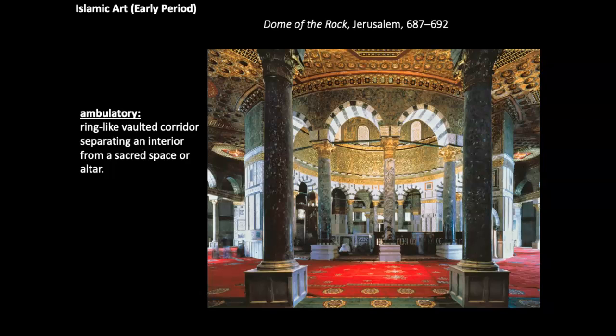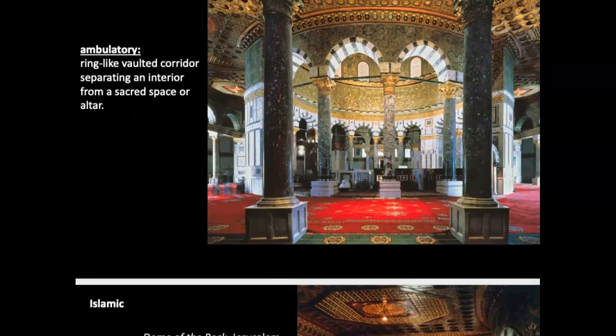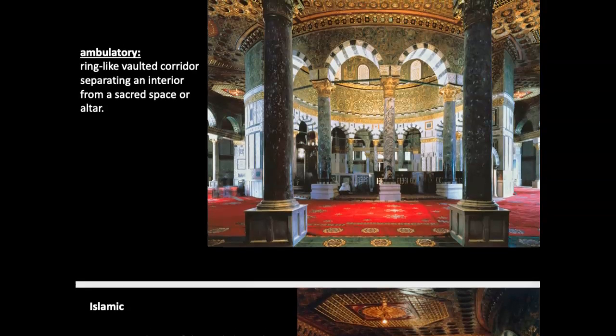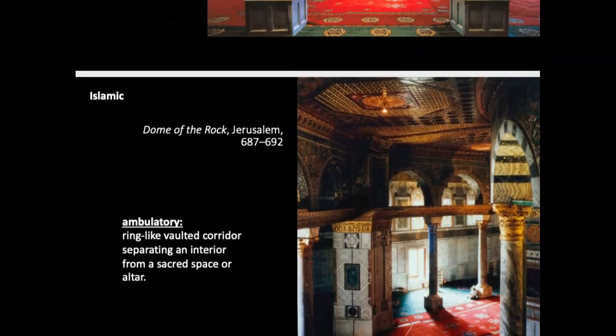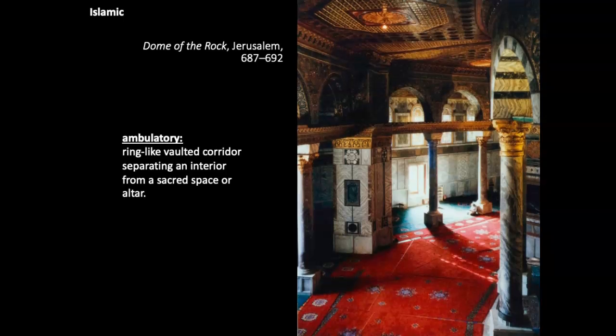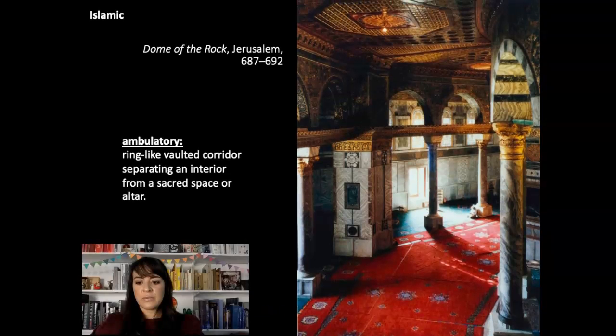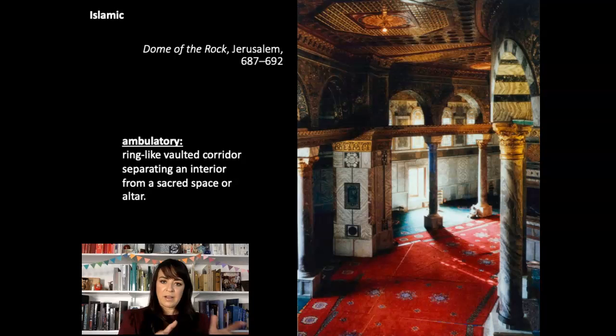Now the mosaics that I showed you, we saw those fruited palms and those grape leaves. There are also mosaics of crowns and chalices, royal objects that would have then associated this sacred rock and the Prophet Muhammad as rulers, right?